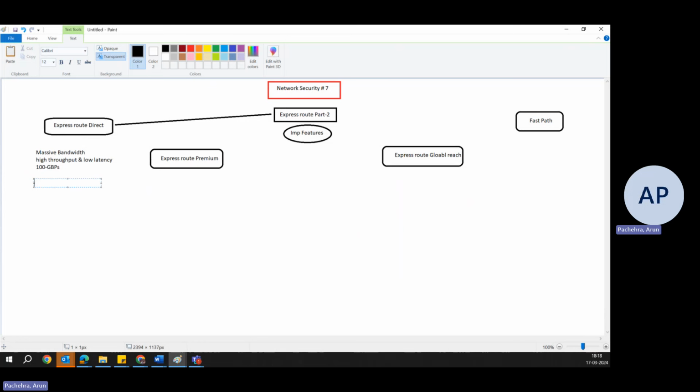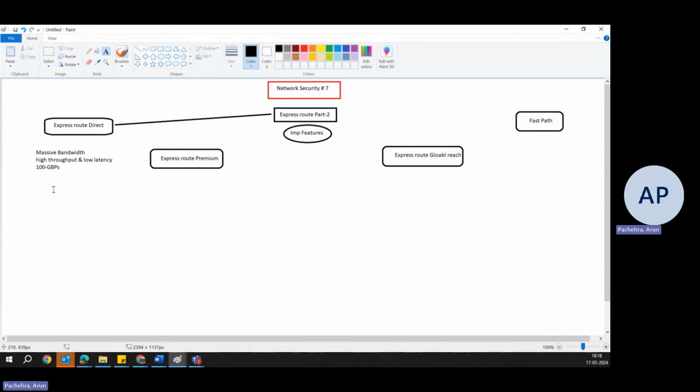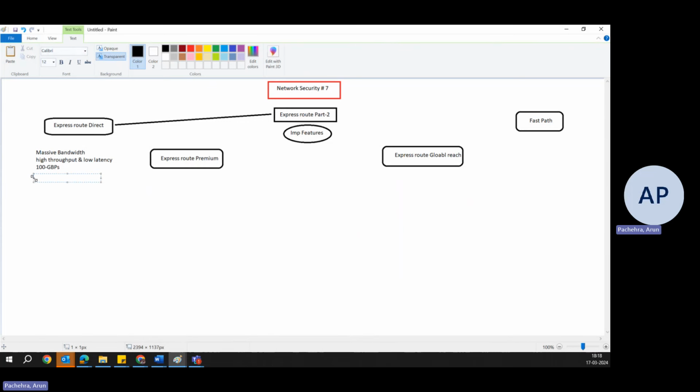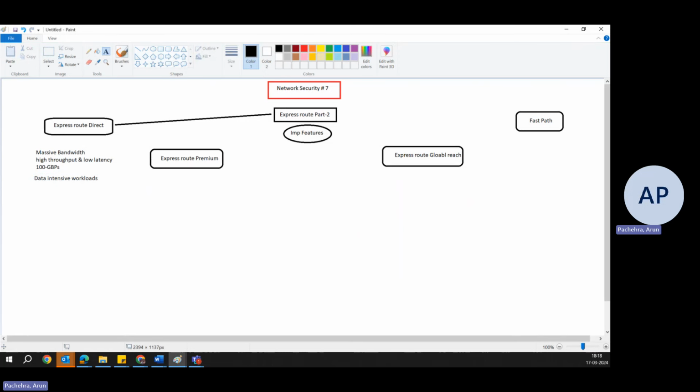This feature is particularly suitable for data-intensive workloads, because only then do you need that much bandwidth. Enterprises opt for Direct for these workloads, and it is also not very cheap.